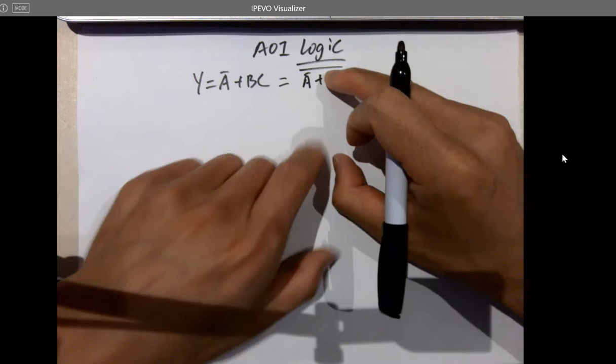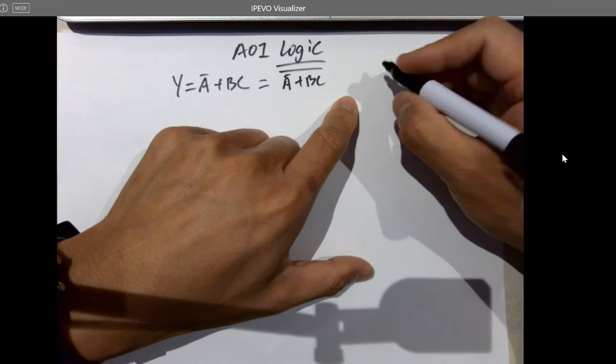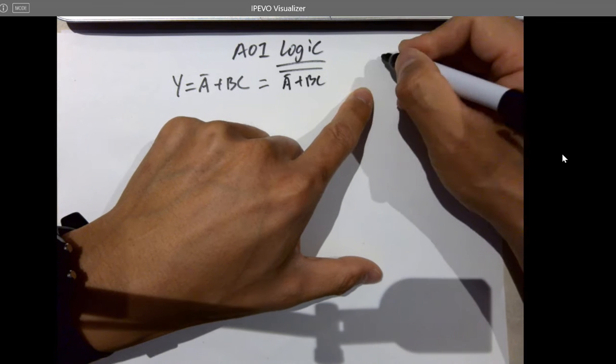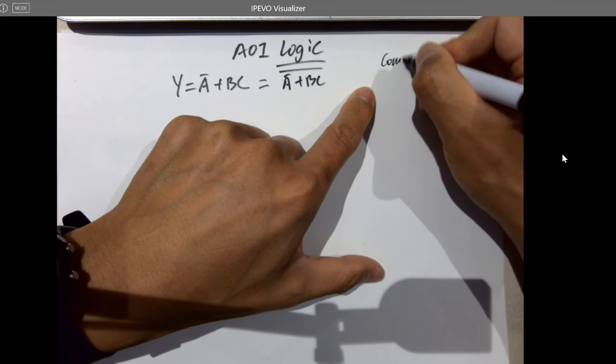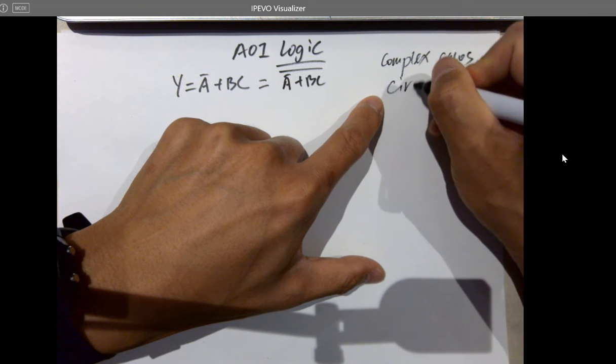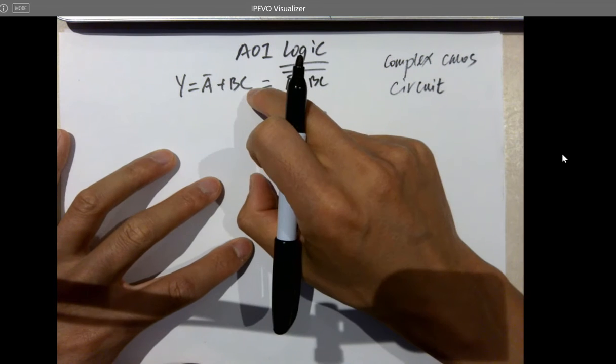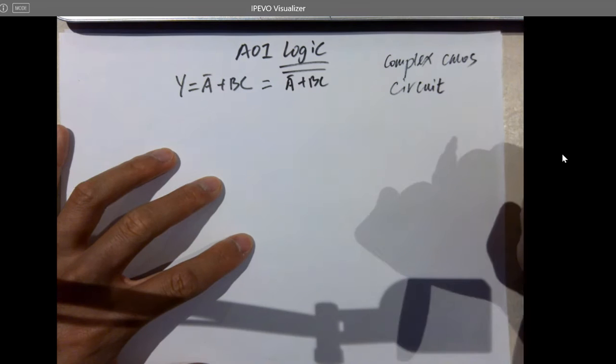The reason we need a bar on the top is because whenever you are designing the AOI logic, or complex CMOS circuit, the logic expression is not being implemented by individual logic gates.